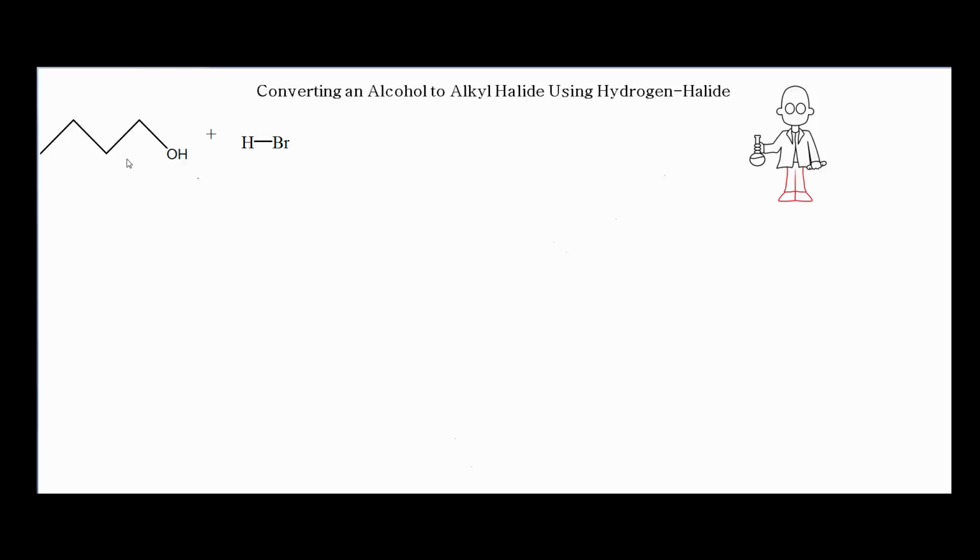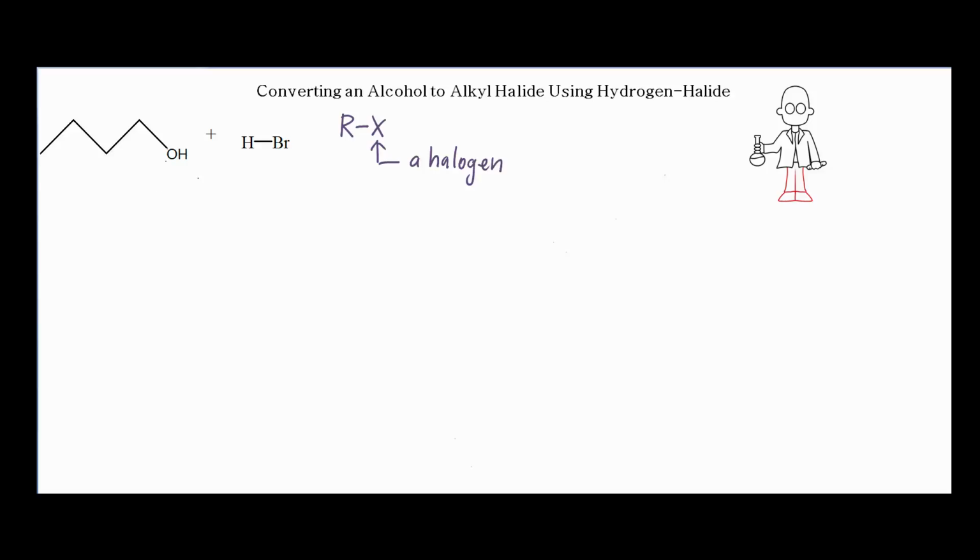Okay, let's look at converting this alcohol to an alkyl halide, something that has the formula RX, where X is a halogen.